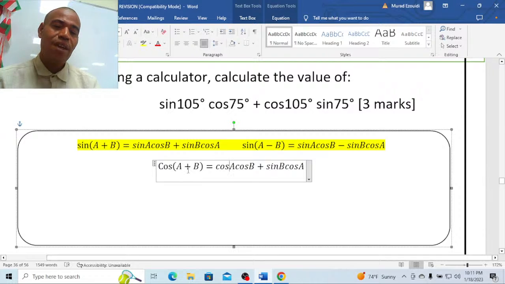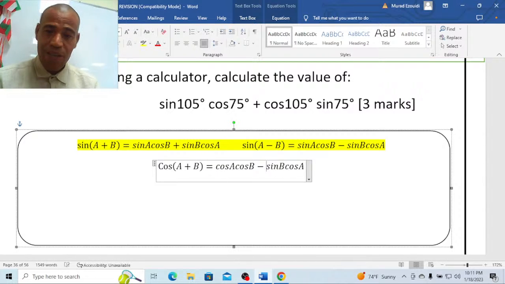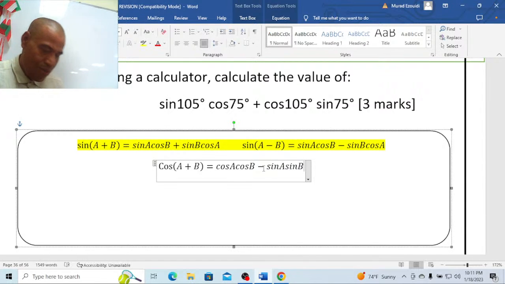Reverse the sign. If it is positive, put negative. If it is negative, put positive. So therefore, this one is negative sine A sine B. This is the expansion of cosine when you add two angles.